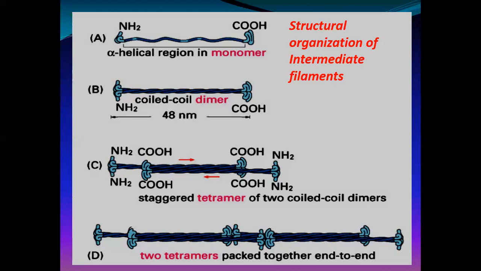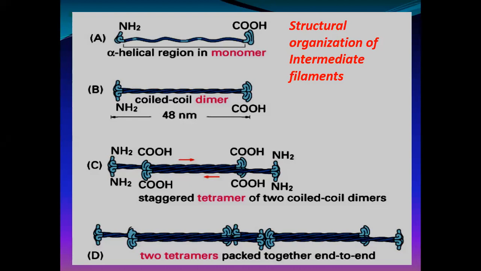The other one has the N-terminal on the right-hand side and the C-terminal on your left-hand side. That is what we call a staggered tetramer. Here is one dimer, the other dimer, two coiled dimers. The first one is coiled, the second one also coiled. The coiled dimer and coiled dimer together form a staggered tetramer.